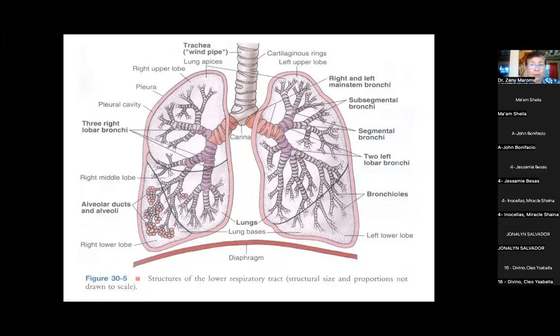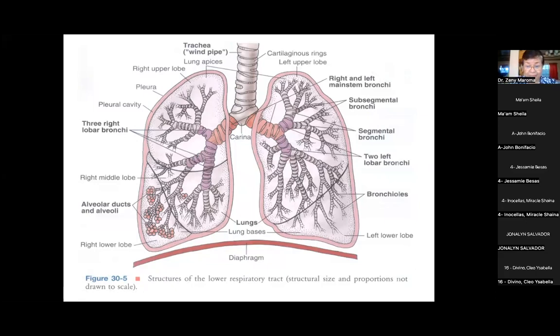How is the mechanism of inhalation, or inspiration? When the respiratory muscles contract, together with the intercostal muscles, the diaphragm will go down.